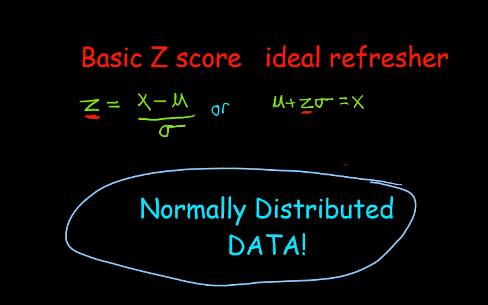You have to be given a mean value, so a mean here or a mean here, doesn't matter which one you use. You have to be given a mean and you have to be given a standard deviation. Now, theoretically, an instructor could give you a mean and force you to find the standard deviation by giving you raw data.